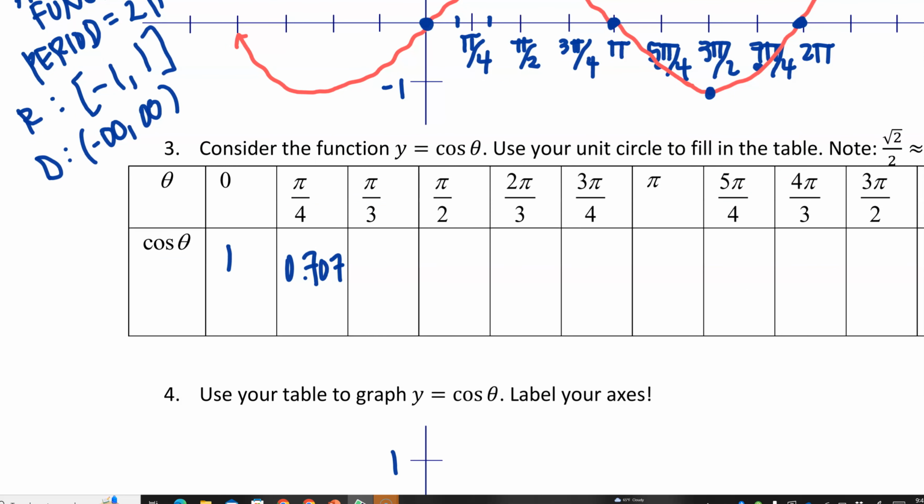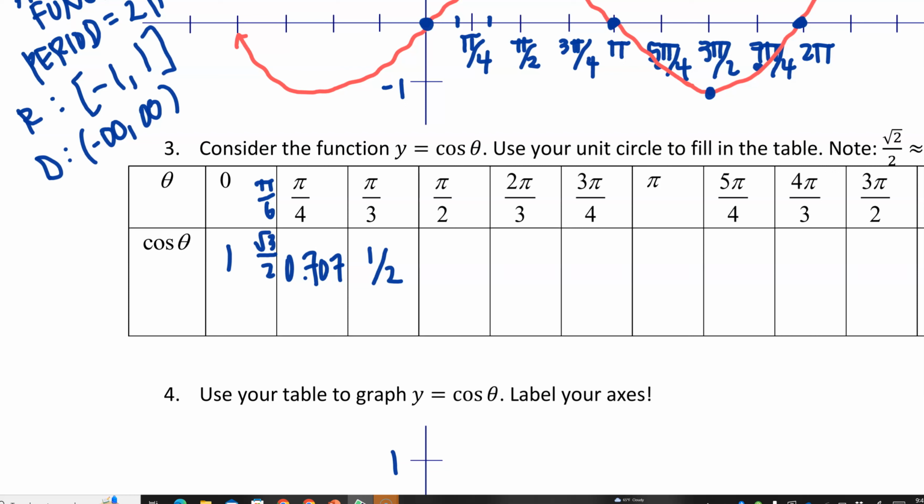Square root of 2 over 2, so that's going to be 0.707. Cosine of pi over 3. So it's going to decrease, so it's going to be 1/2. So if I would have asked for pi over 6, that would have been right there, right? So cosine of pi over 6 would have been root 3 over 2, right?